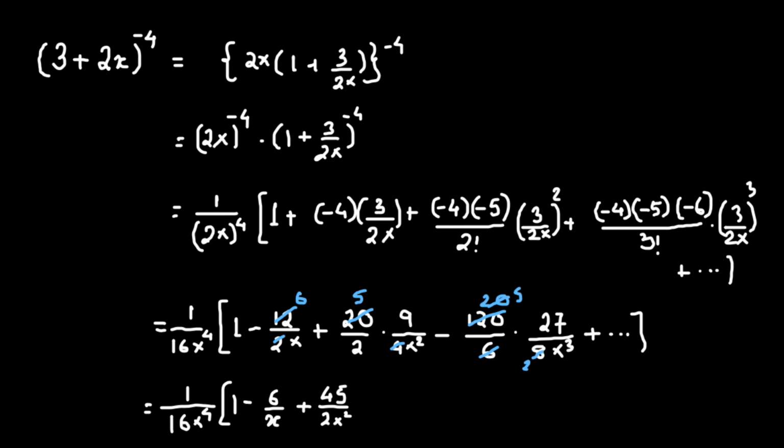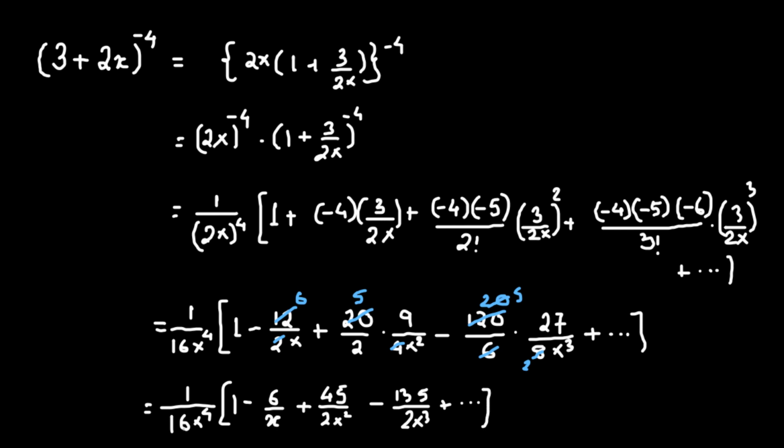So 5 times 27 will be, let's find it out. So 7 times 5 will be 35. 5 times 2 is 10, and this is 135.